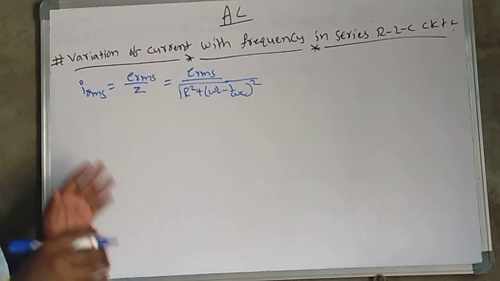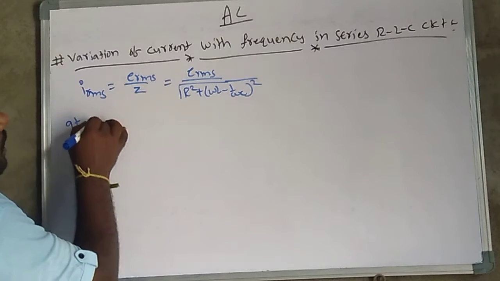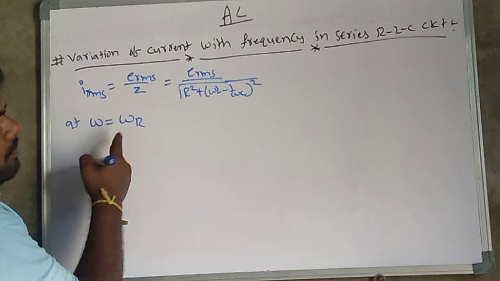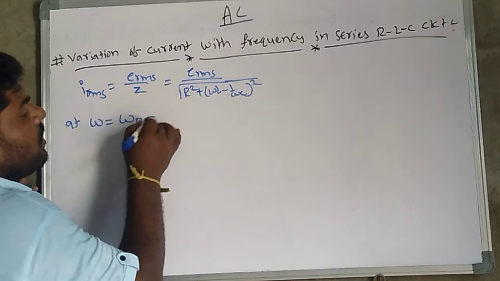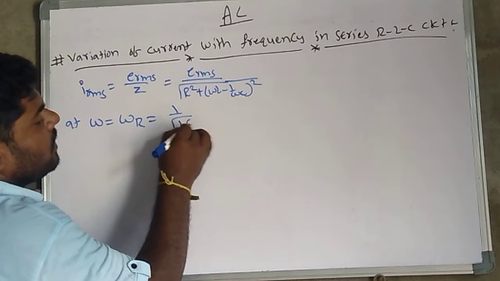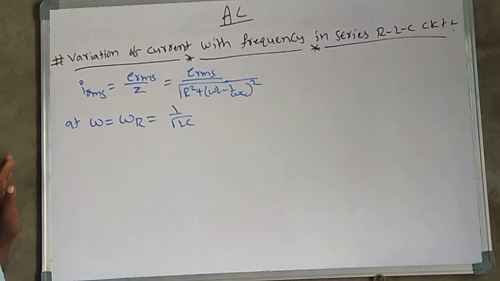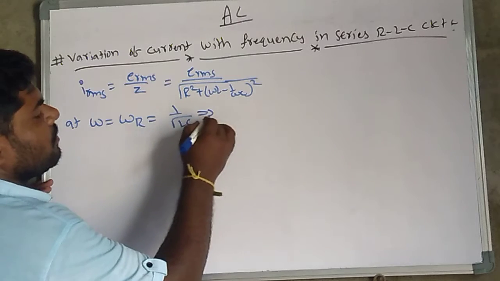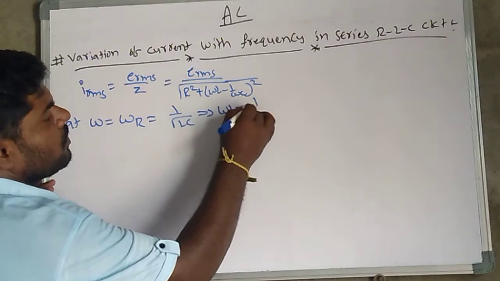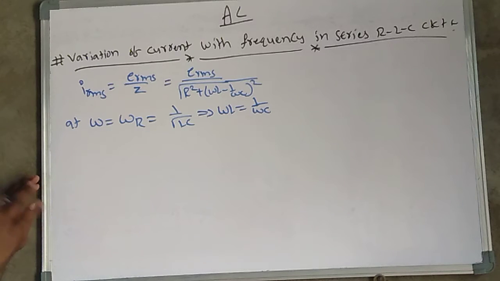Resonance occurs when omega is equal to omega_R, meaning the resonance frequency is equal to 1 by root LC. We discussed this under the previous heading. In this situation, omega L should be equal to 1 by omega C. It means a purely resistive case.